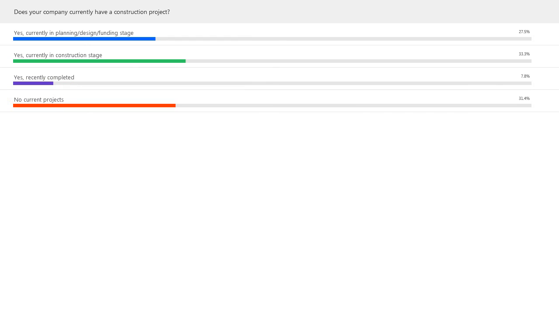So it looks like we have a good mix of different construction project phases right now, which is great. We've got some personnel who are in the planning, design and funding stage. So this is a good presentation to go over different areas that you should consider in terms of controls and auditing.